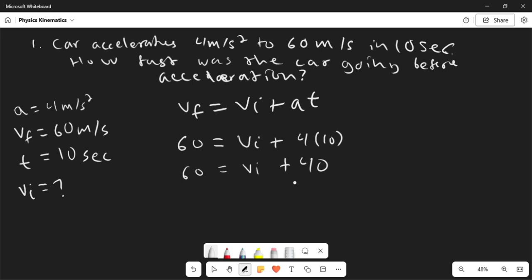Now we just solve this like a simple equation. We subtract 40 on both sides, and we're left with 20 meters per second as the initial velocity.